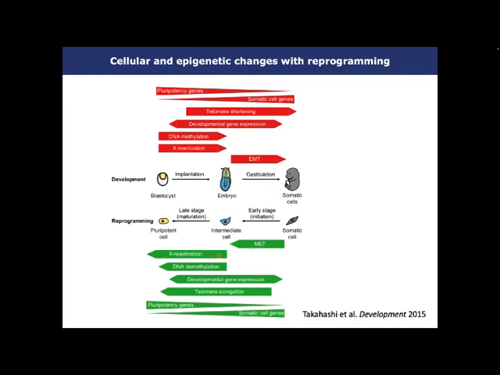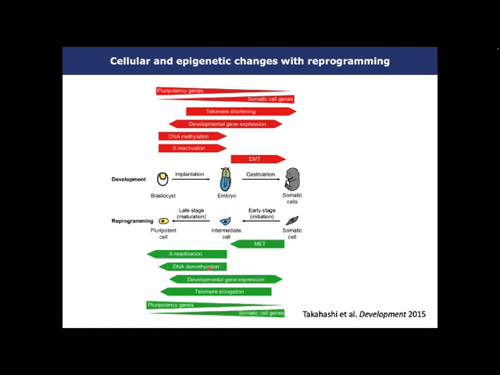And X chromosome reactivation: in the female case, one X chromosome is inactivated during development, so only one X chromosome is actively expressed and the other one is suppressed. However, during the reprogramming, the suppressed X chromosome is reactivated, so both copies of the X chromosome actively express their genes after the reprogramming.